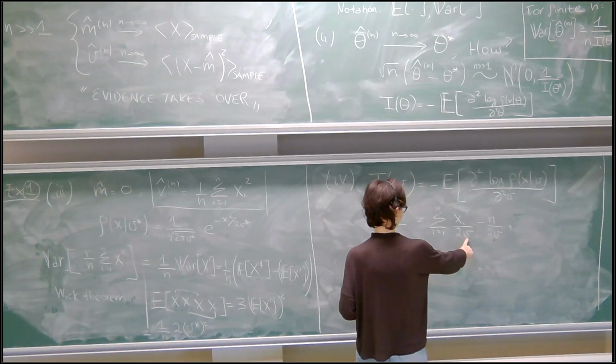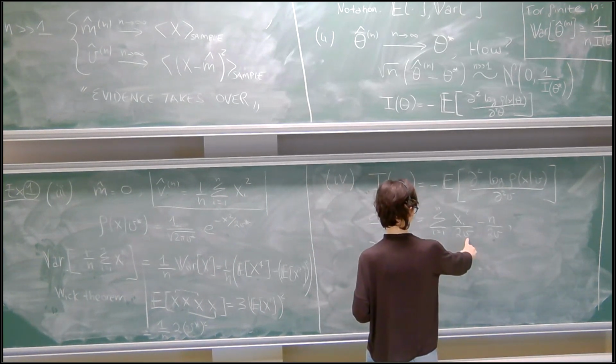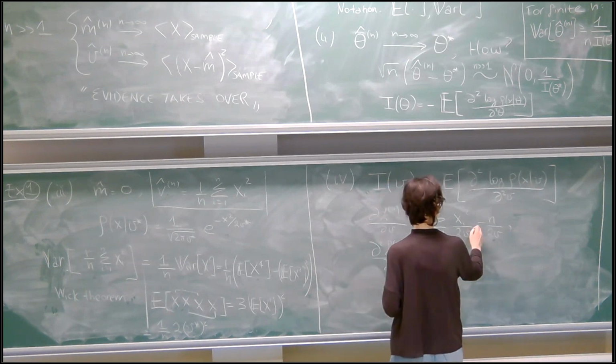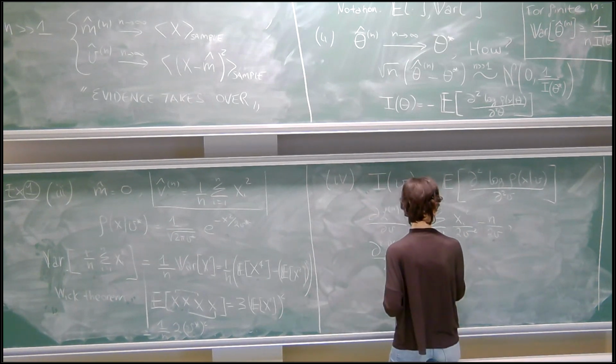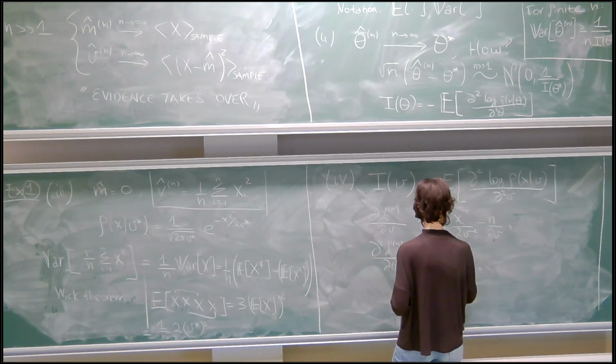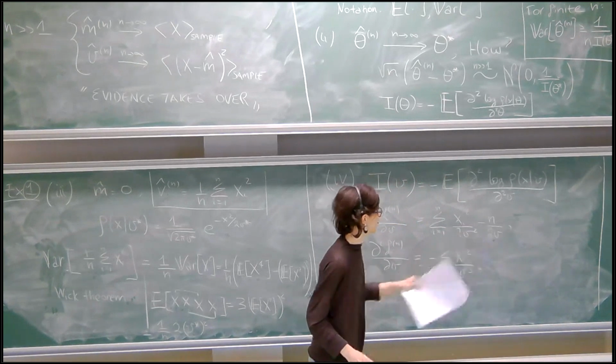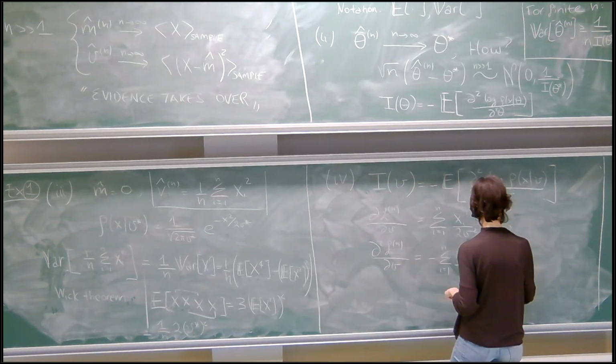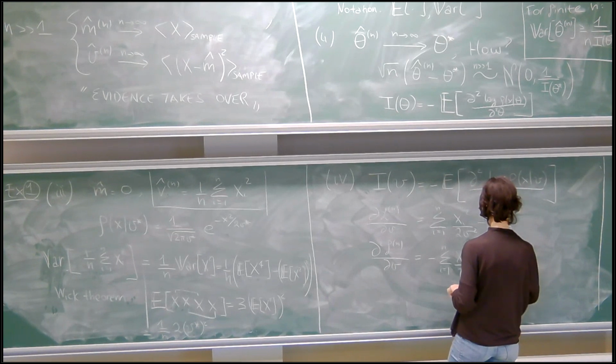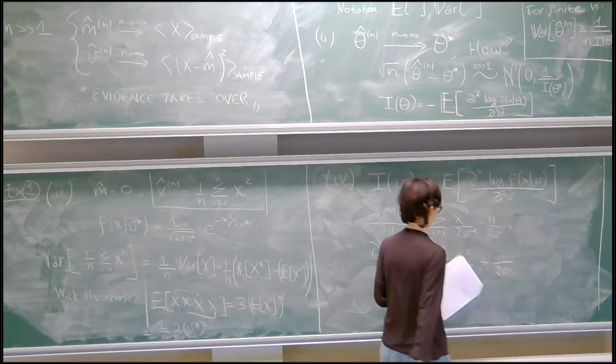Okay, so I get a factor coming from here. This was a square, sorry. So I get a minus xi square over v cube. And then the derivative from here will give me n over 2 v square.